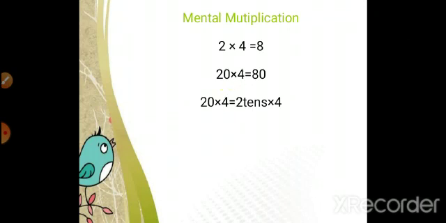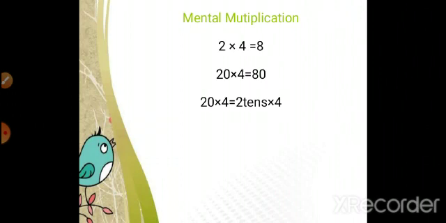How many 10 rupee notes are there altogether? There are 8 ten-rupee notes. 8 ten-rupee notes have a value of 80 rupees. So 20 multiplied by 4 is equal to 80. Now, since there are 2 tens in 20, we can multiply the tens by 4.